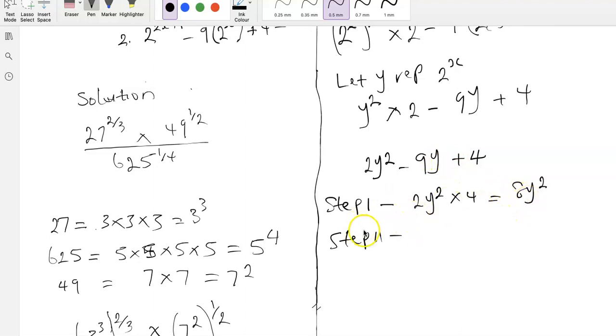So if you look at it by inspection, you can say minus 8y and minus y.